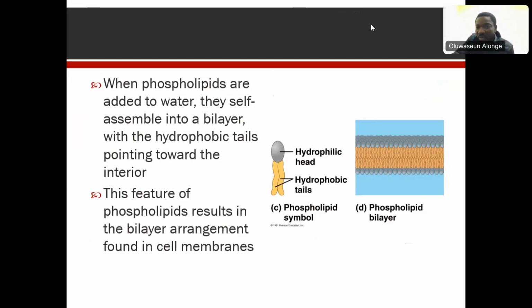Now, here is the cell membrane and how it is oriented. If you look at this, this is a phosphate head, and each phosphate has two fatty acids attached to it. Then on this side as well, you see the phosphate and the fatty acids attached to it. Why are they arranged that way?